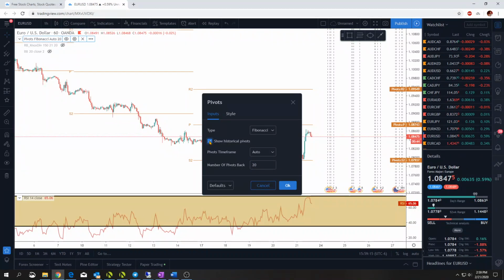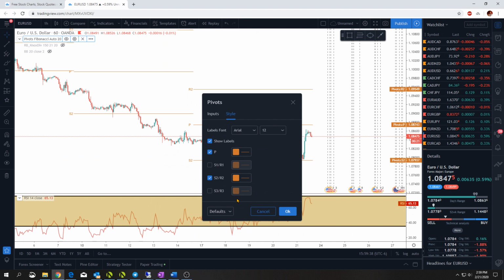Show historical pivots, right? You don't have to have this on there if it confuses you, but I like to leave it on there. Especially for this training purpose, because we're going to go back in time and I'm going to give you some examples of how I use these for trading strategies. Okay, style.